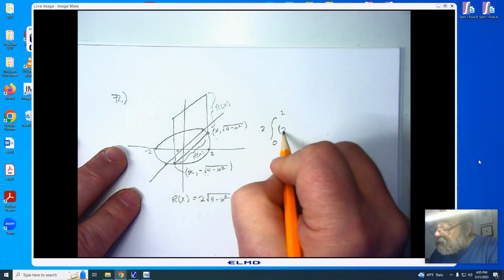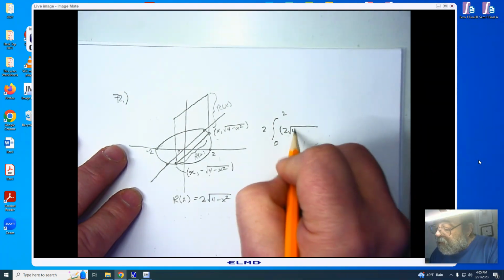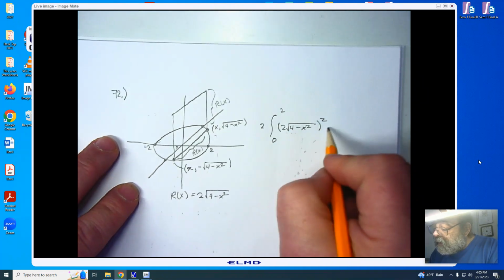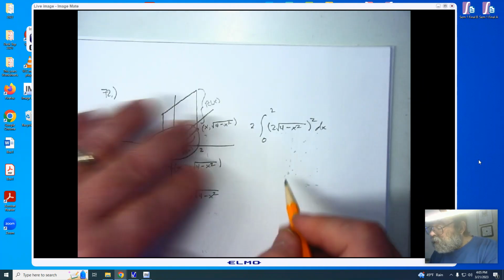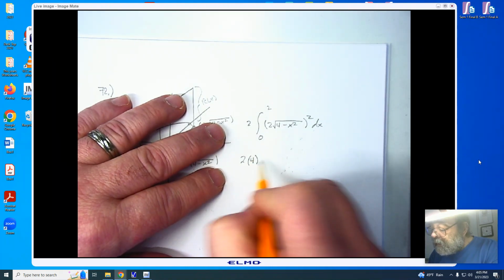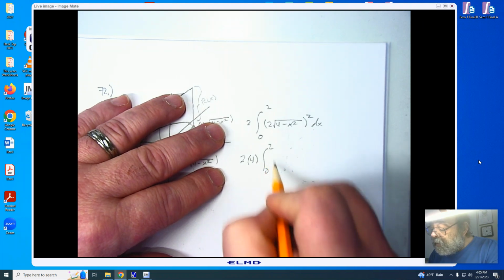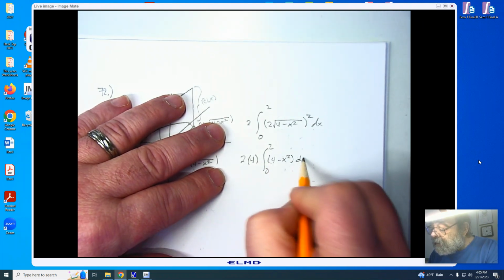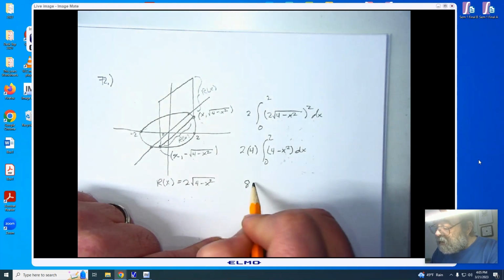There went my lights, of course. 4 minus x squared, the quantity squared, dx. And this is giving me 2 times 4, integration 0 to 2 of 4 minus x squared dx. This is giving me 8.